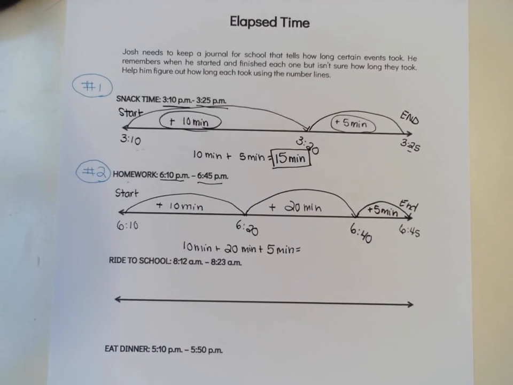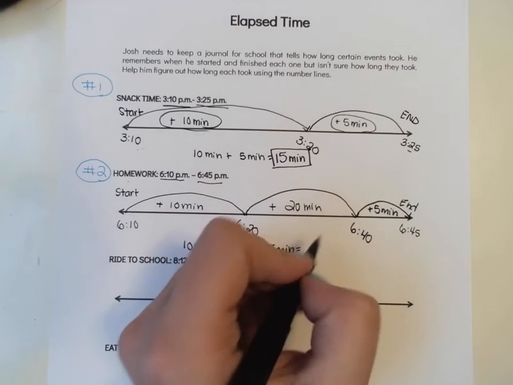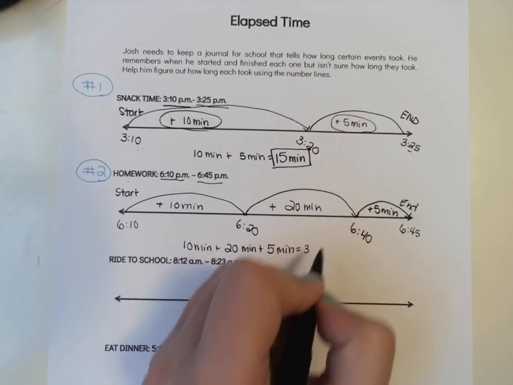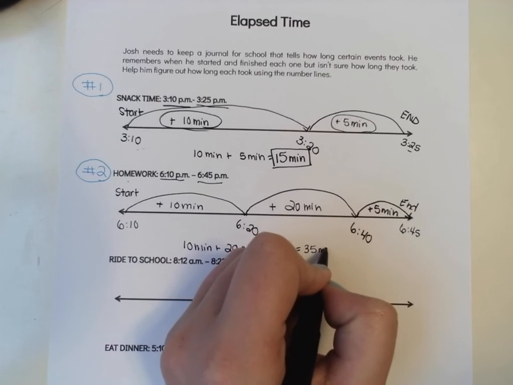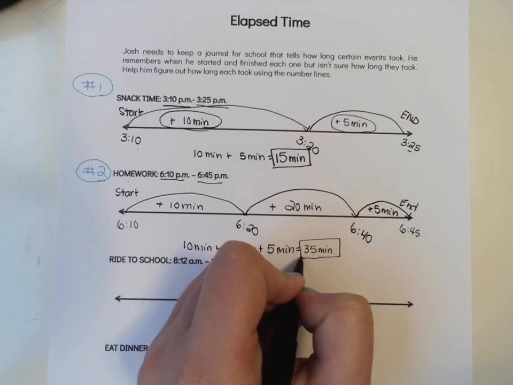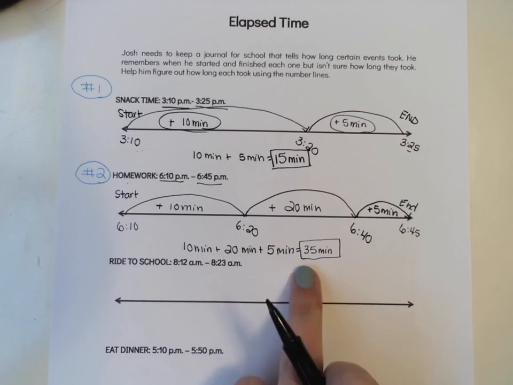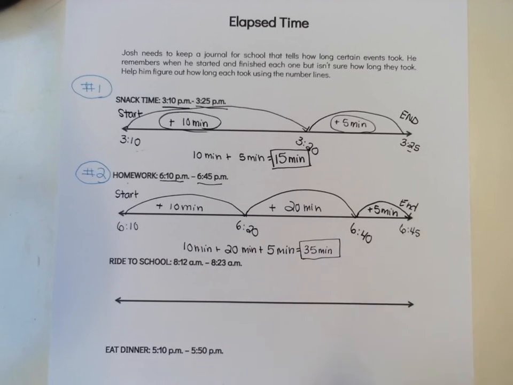I'm going to set up my equation at the bottom so that I can clearly see what my answer is going to be. I know that 20 plus 10 is 30. So I know that I have 35 minutes. I'm always going to put the increment of time. So if he spent 4 hours, I would write hours here. But I know that he spent time in minutes, so I'm going to write 35 minutes.